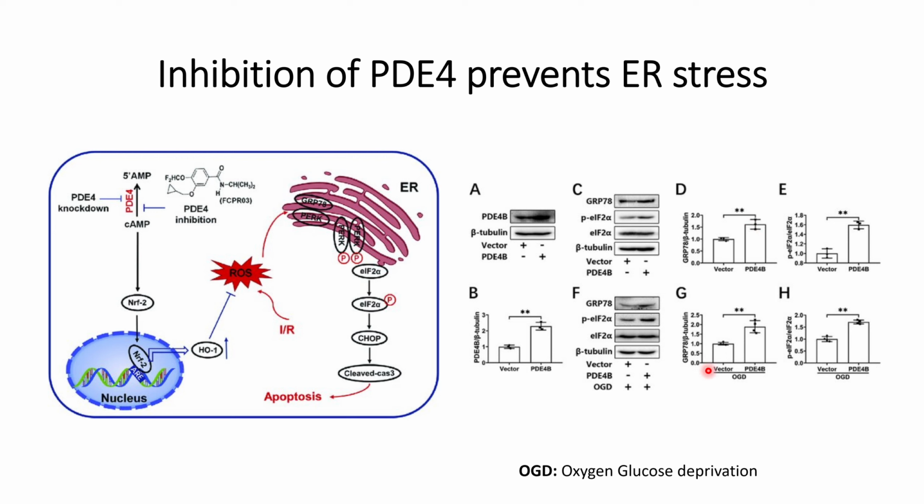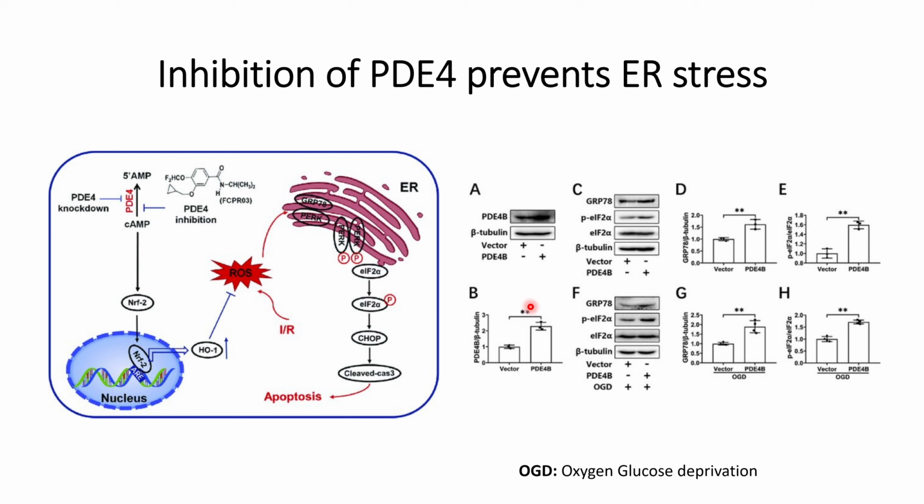Whereas for the empty vector, not much change was observed. Similarly for phosphorylated EIF2 alpha, the changes are greater for the cells that have more PDE4B, compared to the condition without oxygen glucose deprivation.